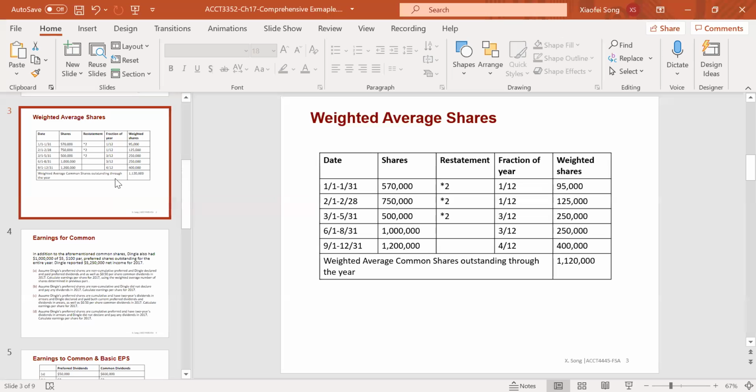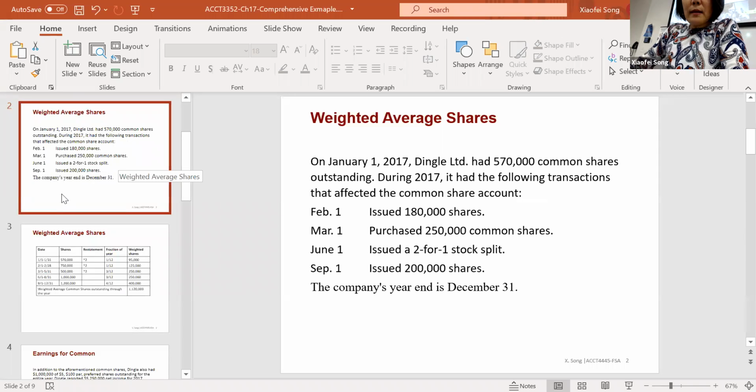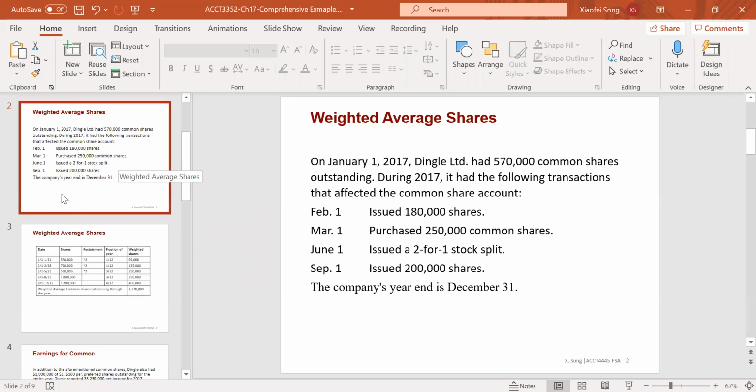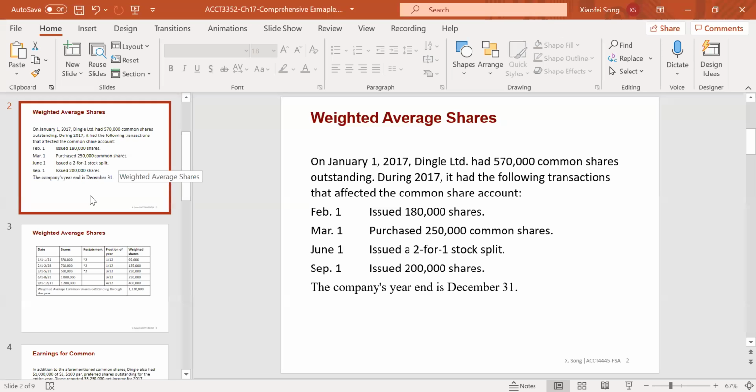Assume that they would have issued shares after September, and assume that they would have issued more shares, and the shares would have been split between common and preferred, with them showing us what the ending balance is.